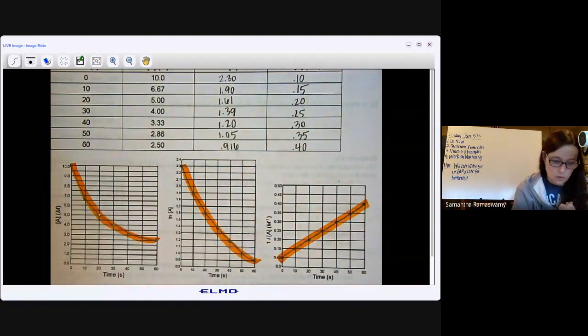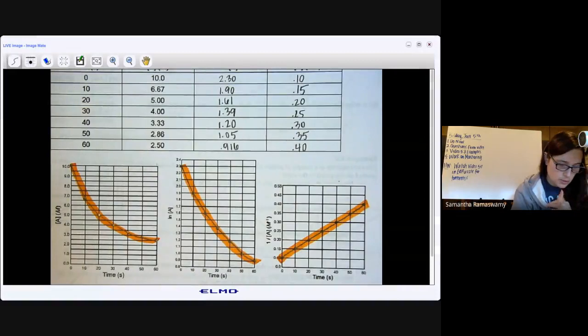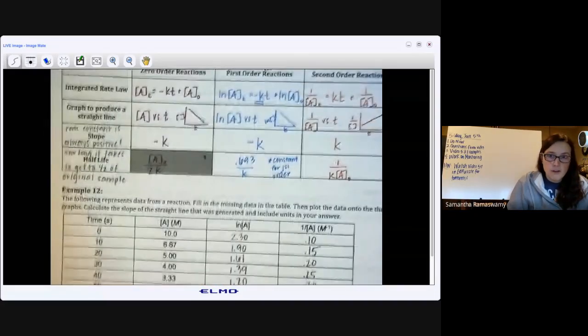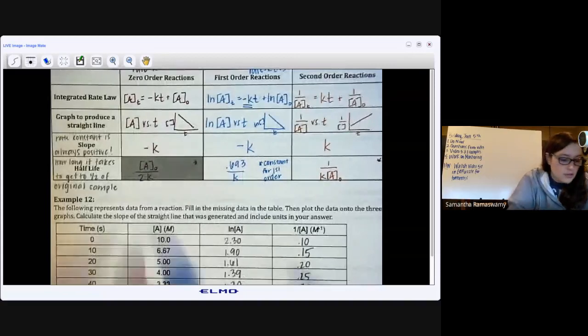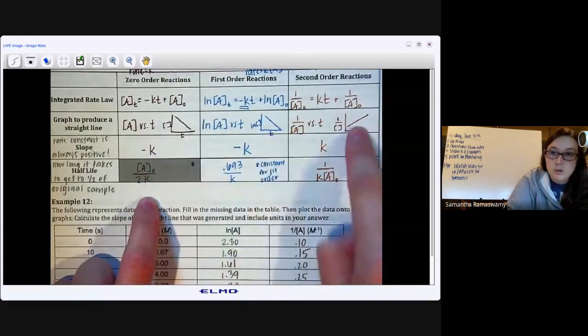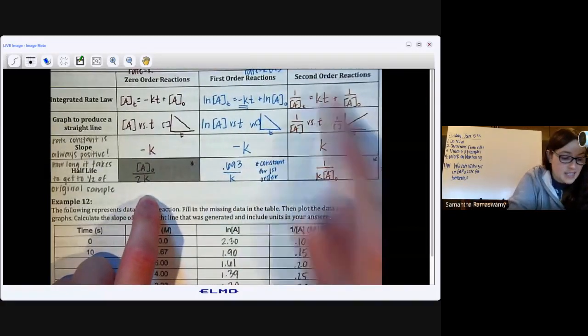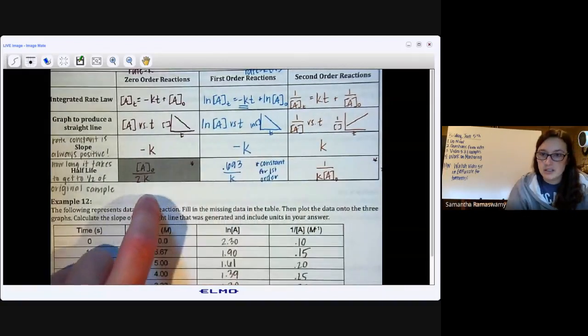Now, this says calculate the slope of the straight line. So the whole point of this was first to look at what order this could be, right? All they gave me was the concentration of A versus time. Well, I can figure out the order based on what we did up here at the top. If I look at my summary, whichever graph produces a straight line or the straightest line tells me the order of the reaction.